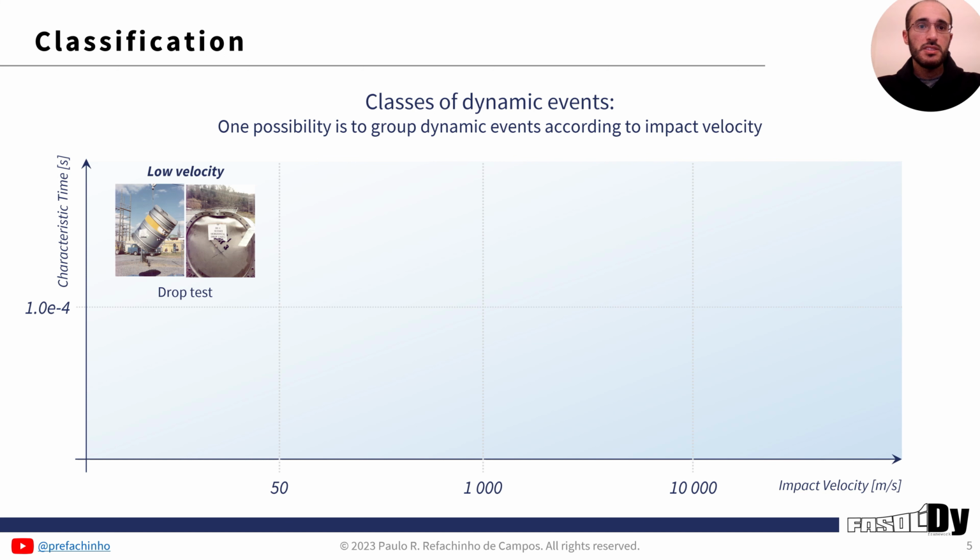So we are talking about an impact velocity of less than 50 meters per second. And the time scale is of the order of 0.1 milliseconds. So the 50 meters per second here is a notional value. So we could be talking about a bit less or a bit more than that.